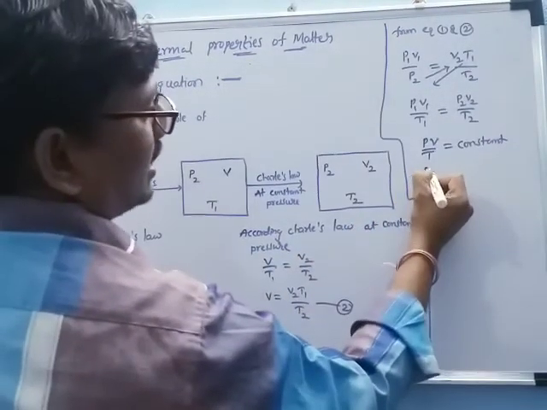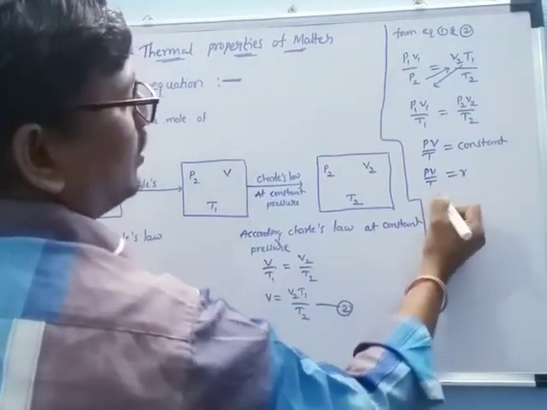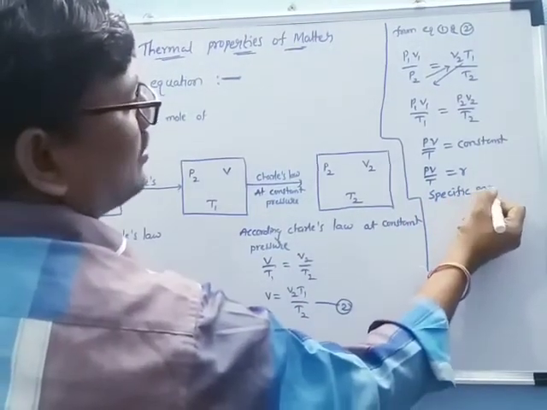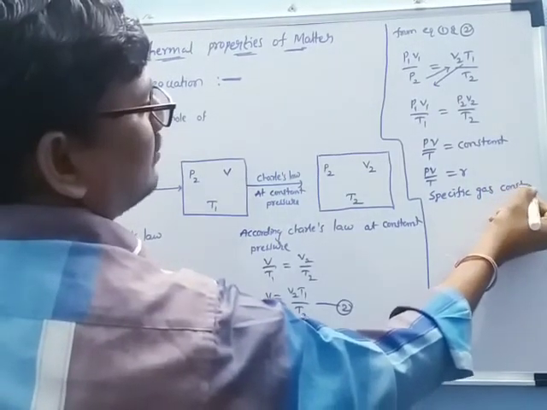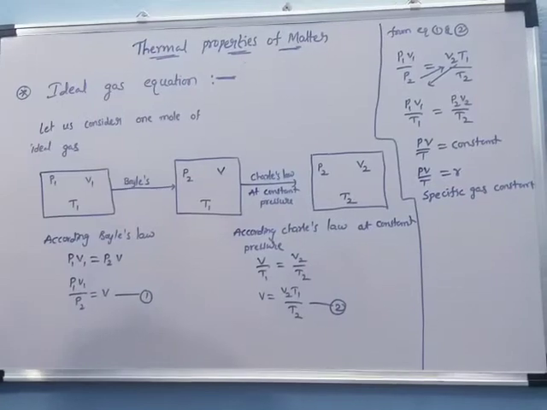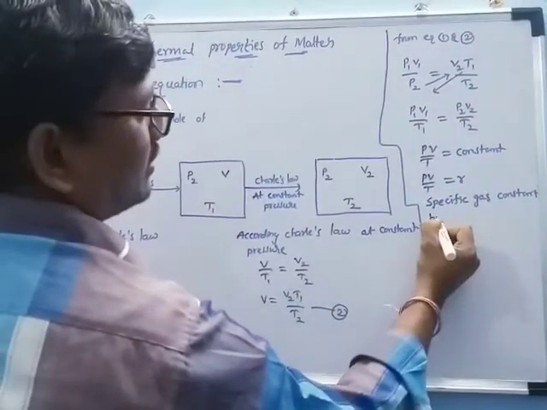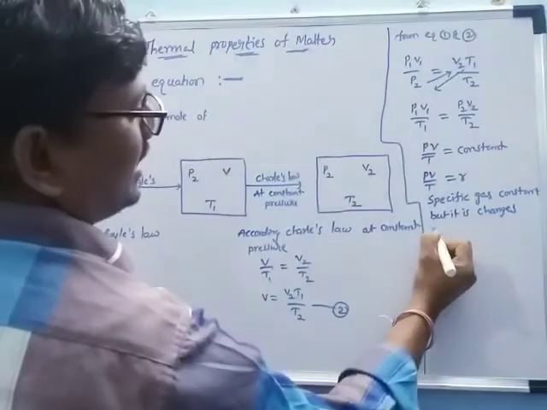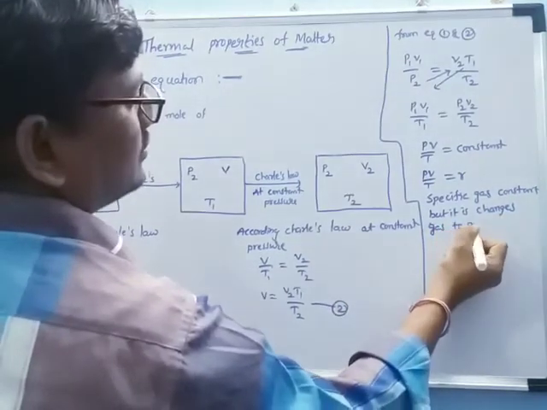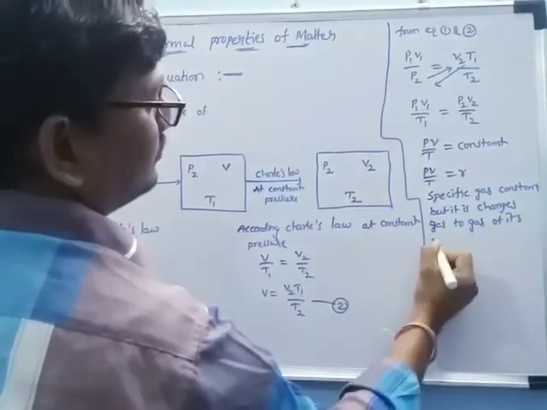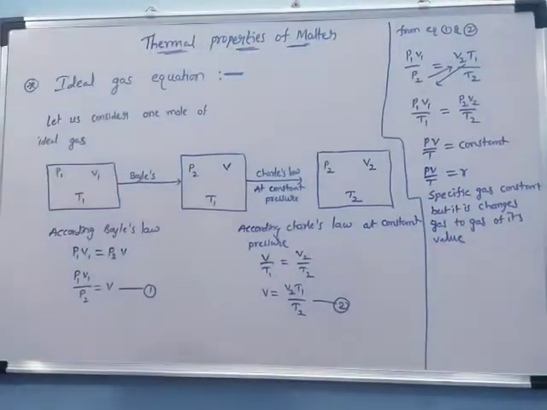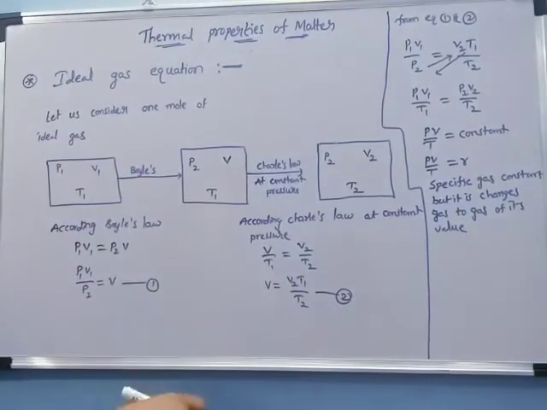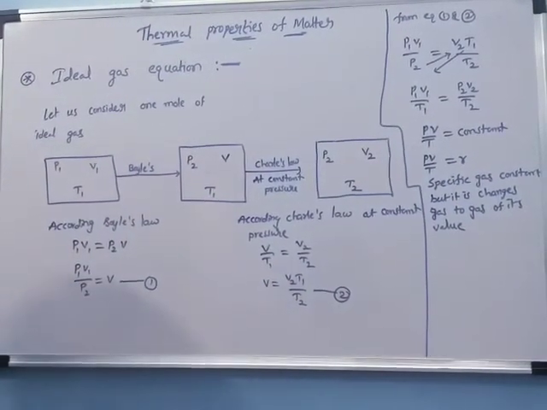This constant we denote by the small r, which is called the specific gas constant. Its value changes from gas to gas.